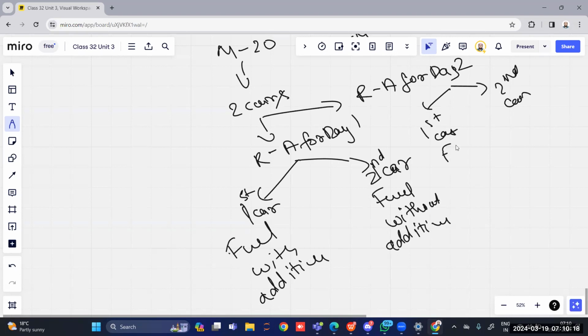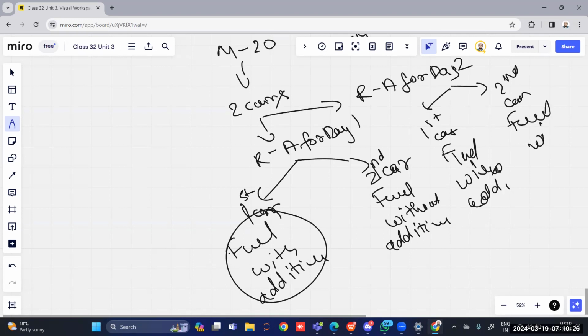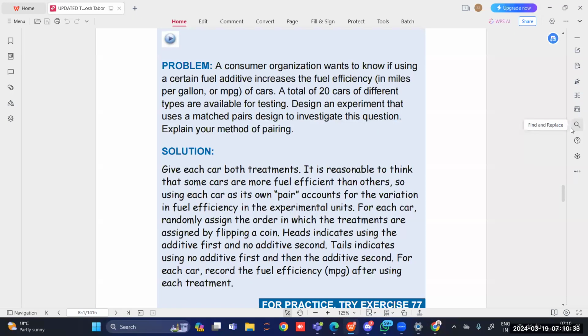Here now see, with additive on day one, he has got fuel without additive on the second day, and here fuel with additive. Is it clear, Zaid, how to do a matched pair design? Yeah, it's simple, very simple. Okay, so we'll move further today.